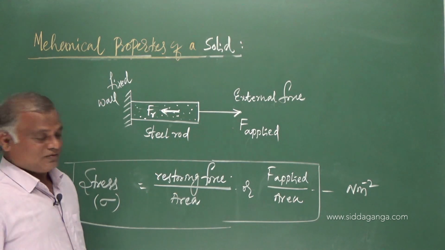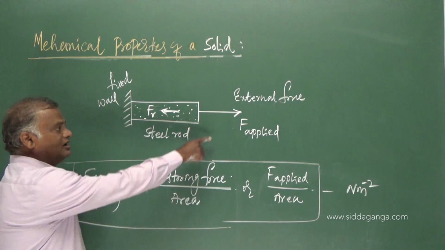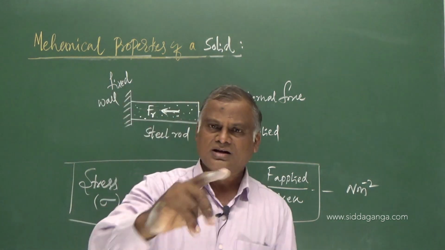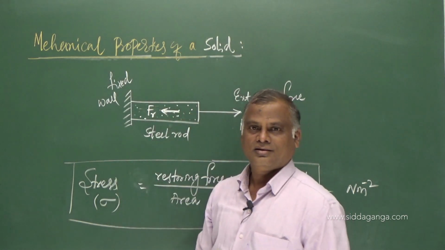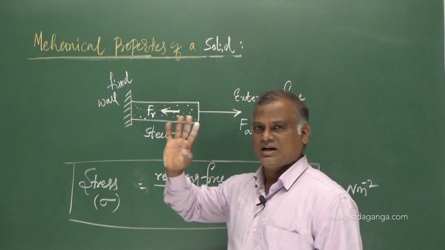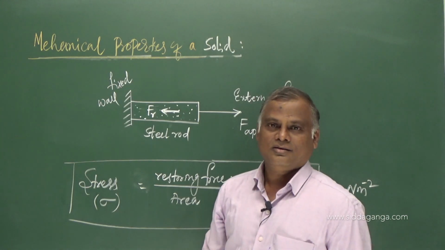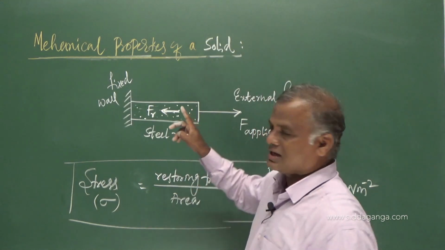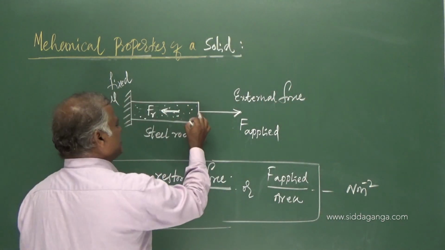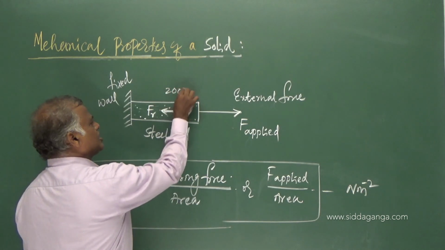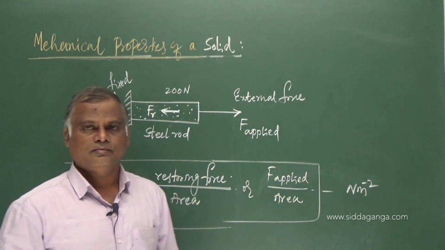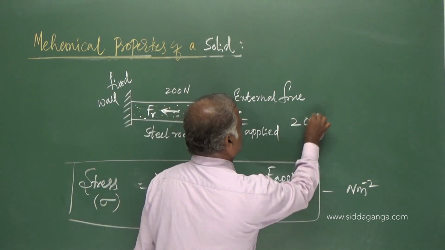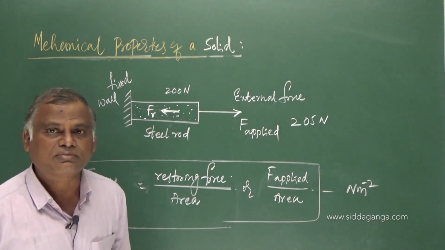Now tell me what happens. When you apply some external force, does the shape of this solid remain constant? Up to a certain limit. You will study in detail with a neat graph. But assume that the maximum load you can give is around 200 Newton. Suppose somebody applies 205 Newton, does the shape remain the same?